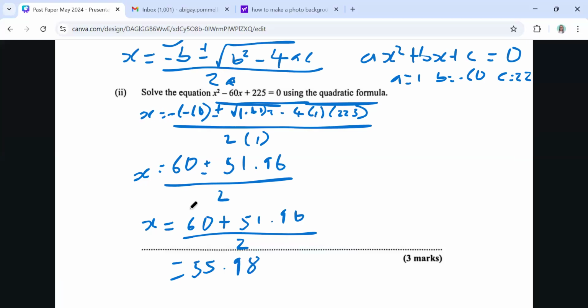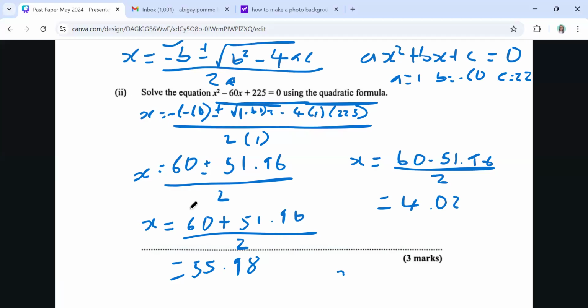55.98. Then I'm going to come over here and subtract it. So 60 subtract 551.96, over 2, divided by 2, and that's going to be 4.02.